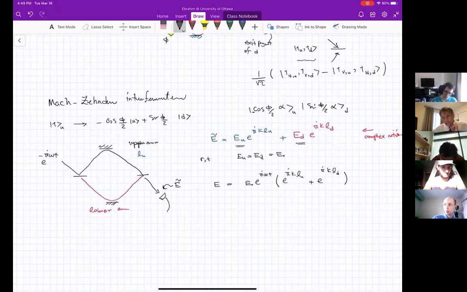I have already neglected the polarization degrees of freedom. I assume that the field has the same polarization because it starts from here. It's H polarization, or V polarization, and I assume that the mirror and beam splitter will not change anything there. Good.